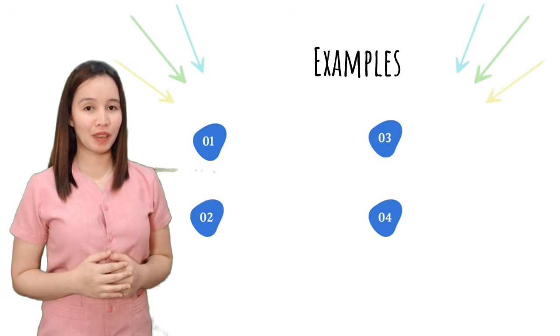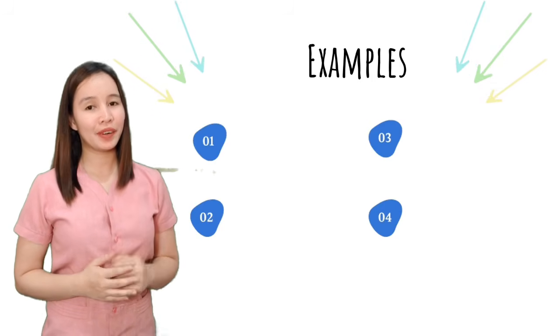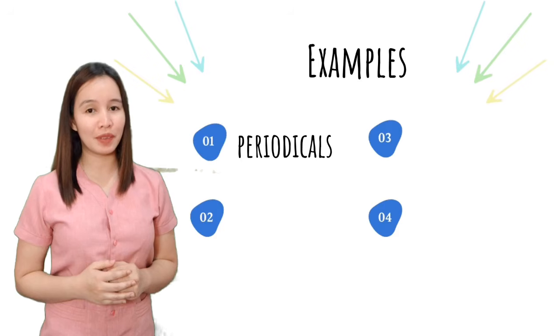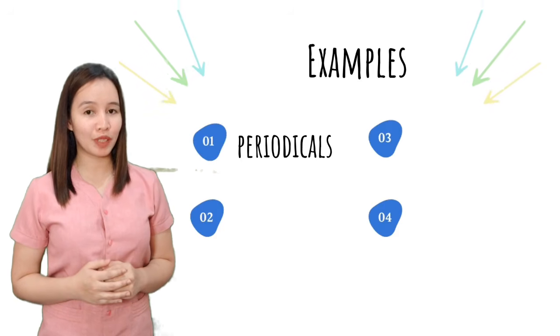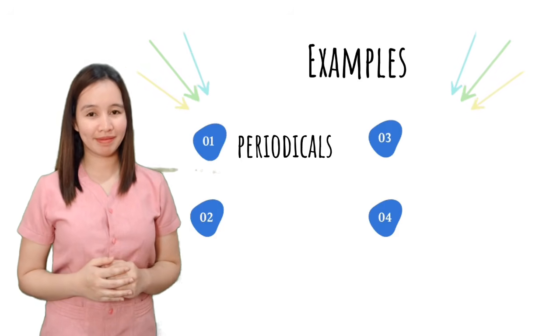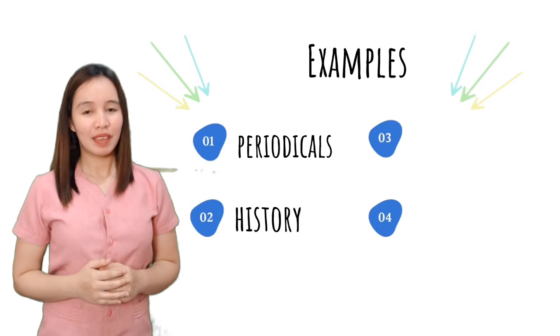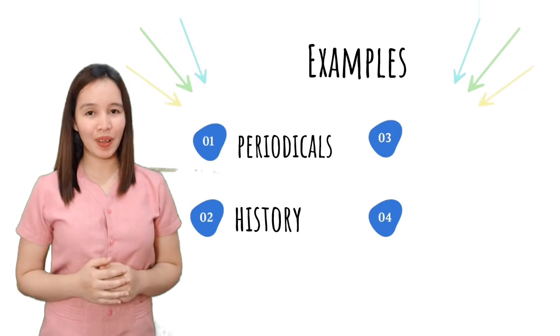Some examples of secondary sources of information are first, periodicals. Periodicals are magazines or newspapers that are published regularly. Second, history. History is the record of the past.